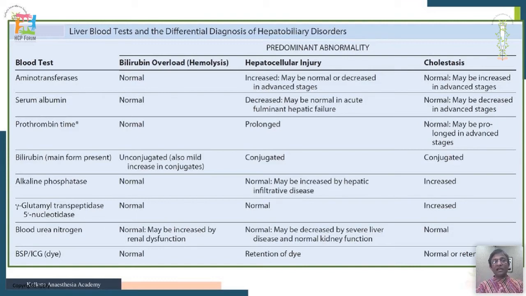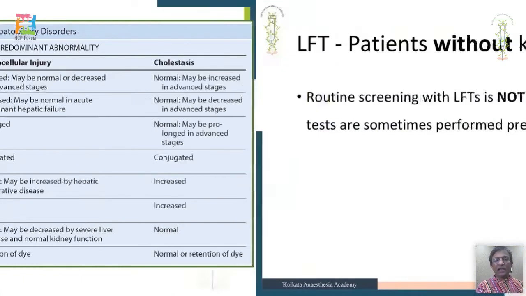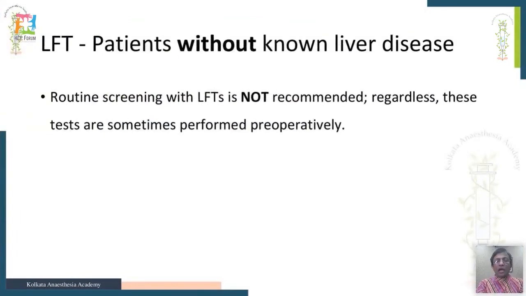That's a completely different reason. Bilirubin is a conjugated hyperbilirubinemia. Alkaline phosphatase is usually normal, but in infiltrative liver disease, it can increase. GGT remains normal. Alkaline phosphatase and GGT, all of you would know, are increased in the obstructive kind or cholestasis. So this is again something you can take your time and go through.